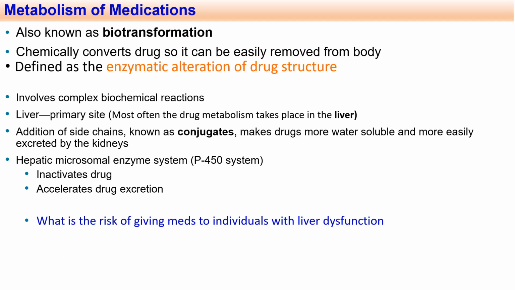So the body causes a chemical change to the drug molecule. This metabolism involves complex chemical reactions. The liver is the most responsible organ for the metabolism. It's the primary site. Most drug metabolism takes place in the liver.